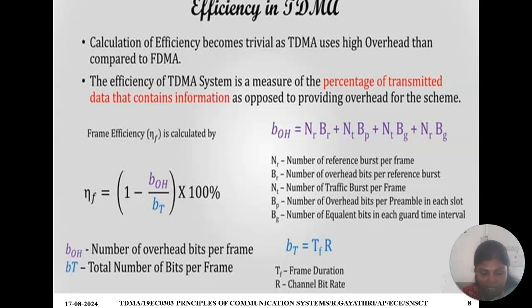The number of overhead bits can be calculated by this formula: NR represents reference bursts per frame, and BR the overhead bits per reference burst, and NT represents the traffic bursts per frame. BP represents overhead bits per preamble in each slot, and BG represents the number of equivalent bits in each guard time interval. And BT is equal to Tf x R, where Tf is the frame duration and R is the channel bit rate.